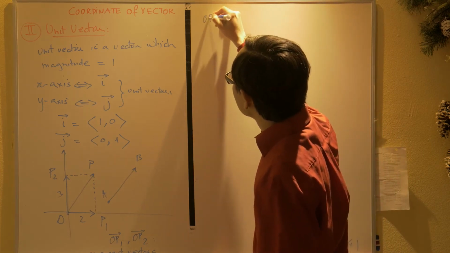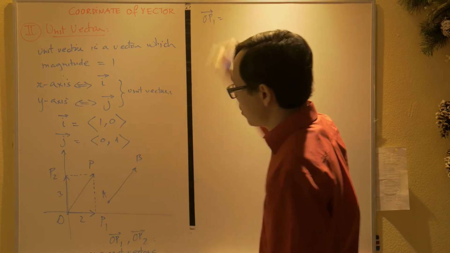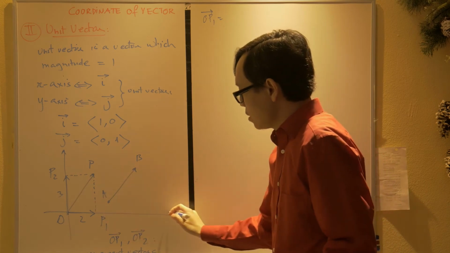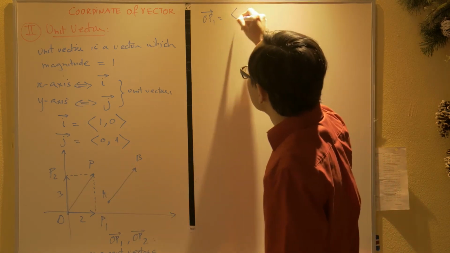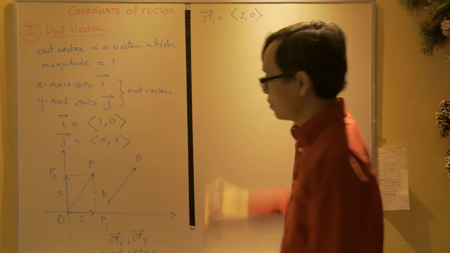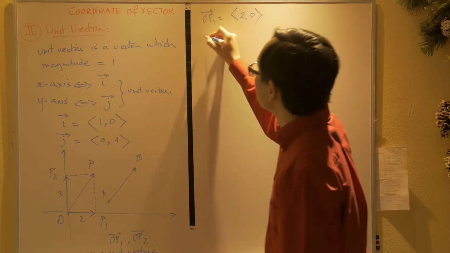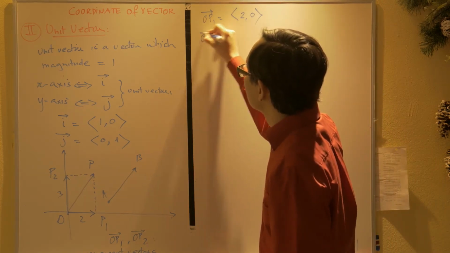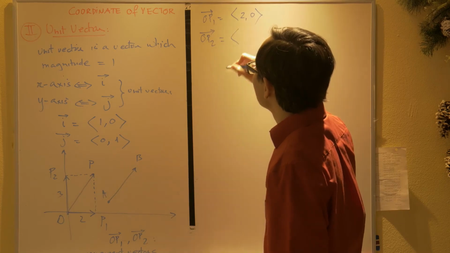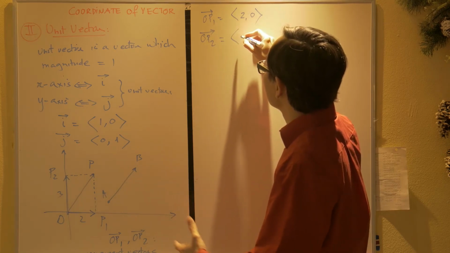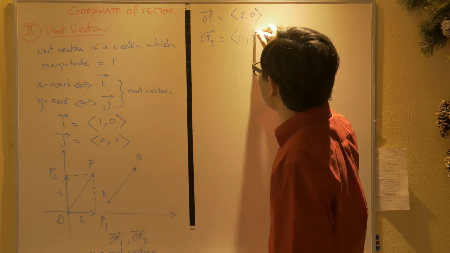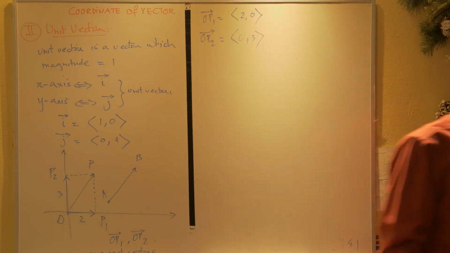Vector OP1 is on the x-axis, so its component will be (2, 0). And vector OP2 is on the y-axis, so its coordinate will be (0, 3).